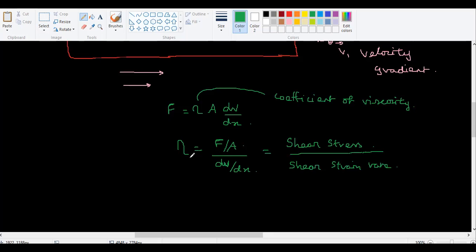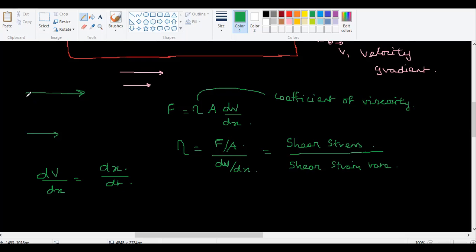Remember, this is not shear modulus, it's a liquid quantity. With respect to time, how did I call this shear strain rate? Let's see, dV by dx. What is dV? Length by time. So that means dx by dt divided by, actually this is in this direction, so I'm going to call this L. It's a bit of a confusing diagram, so take it down properly.